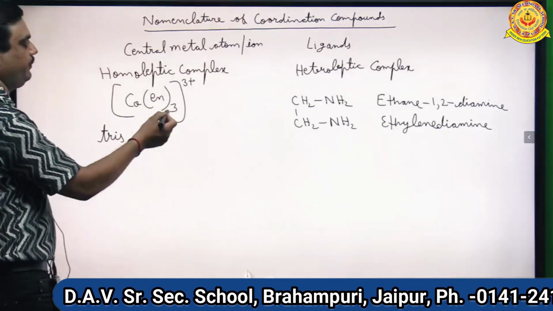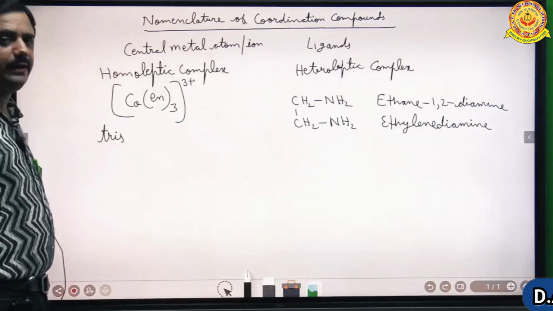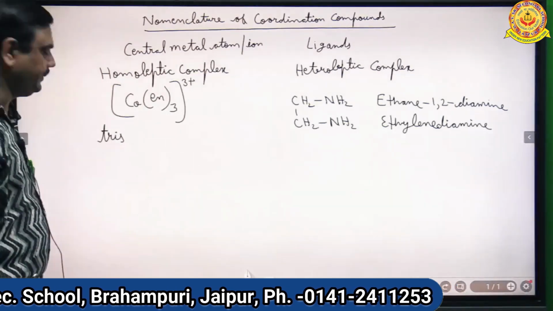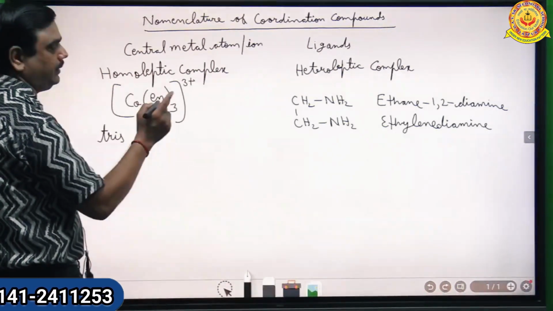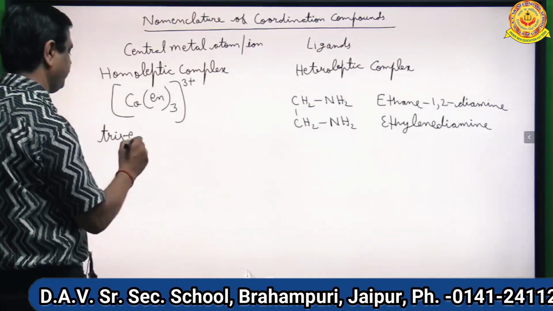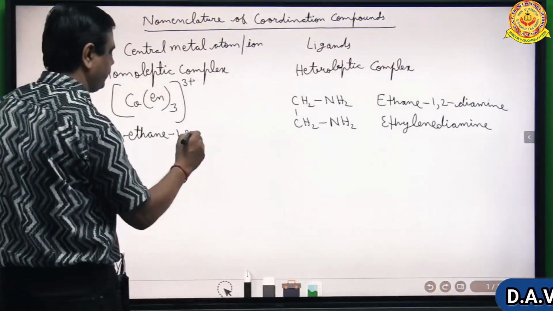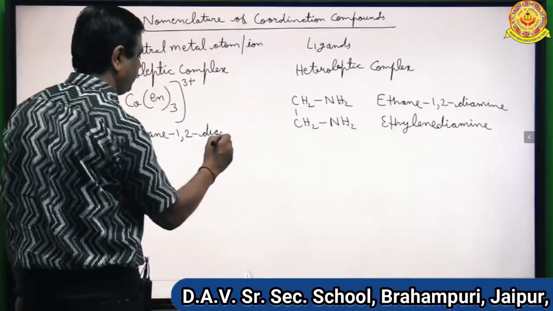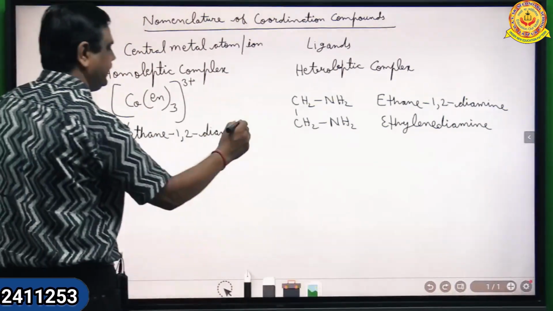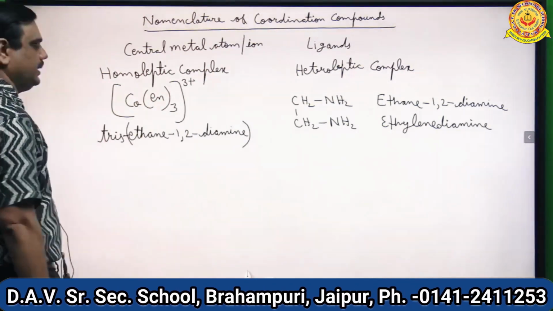If the number is 2, then I would have used bis, for 3 tris, 4 tetrakis, 5 pentakis, in this way. Okay, tris, then ethane-1,2-diamine, I can use brackets here to show that this is the complete name of the ligand, and then cobalt.